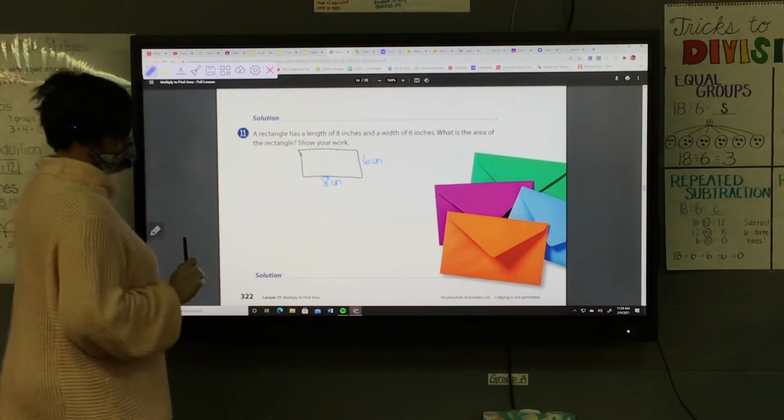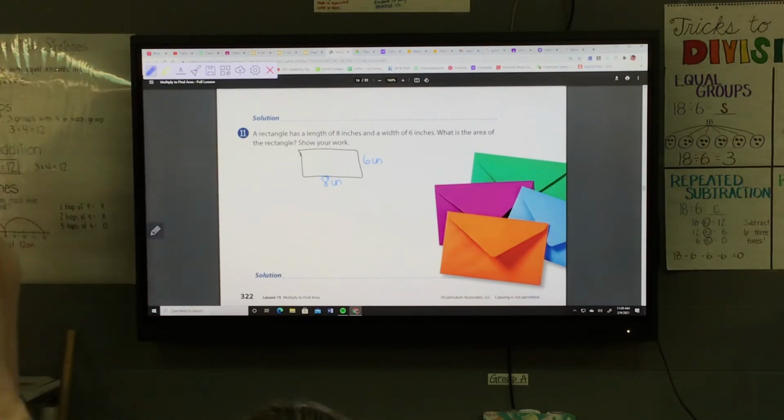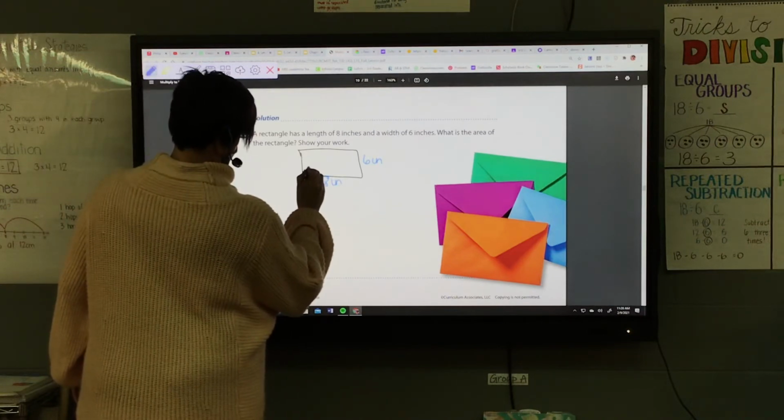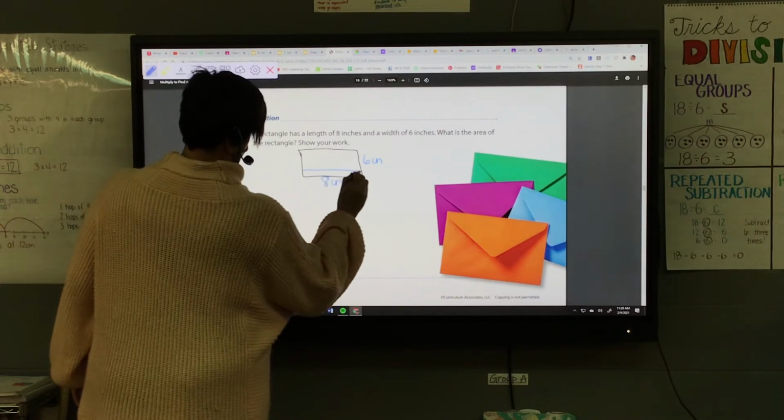I drew my rectangle wrong. It needed to be longer? It'll be okay. I'll just squish it in there.